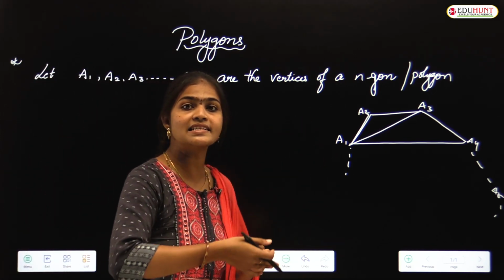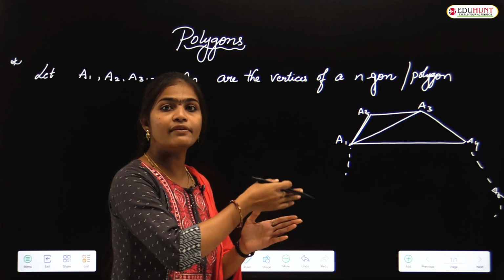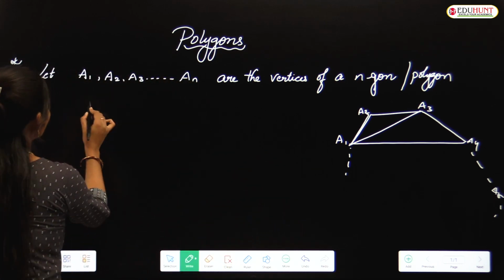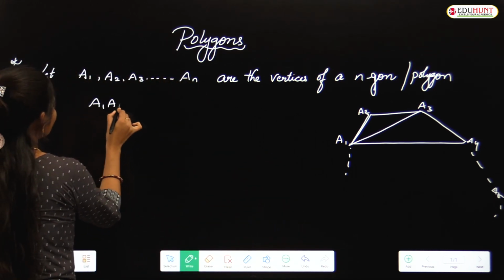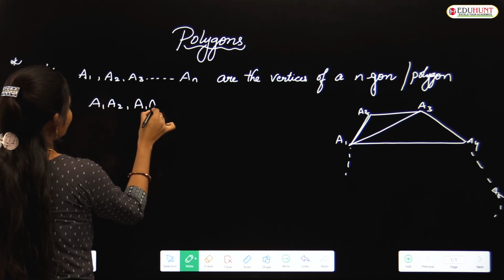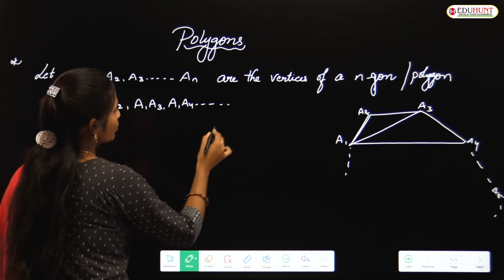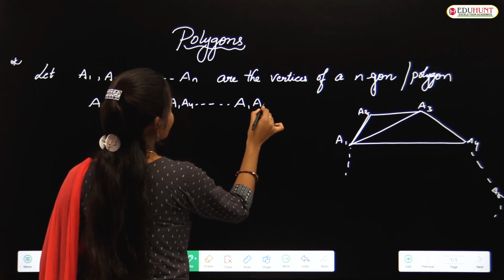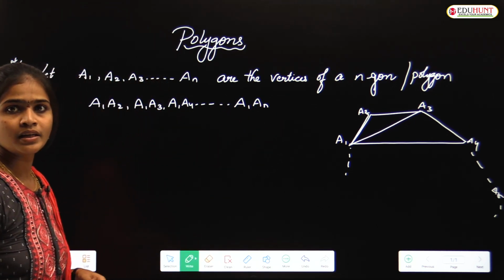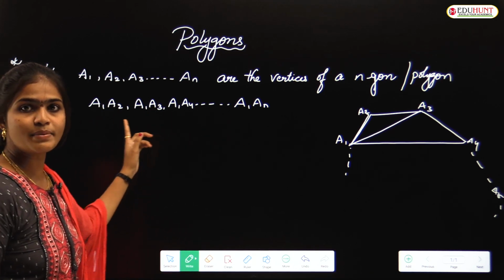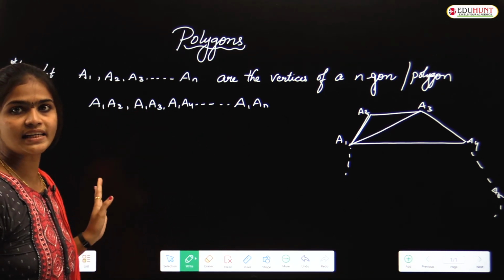The last vertex is AN, right? So A1AN. These are all the line segments by taking A1 as the common vertex.